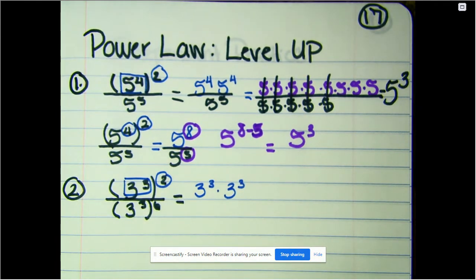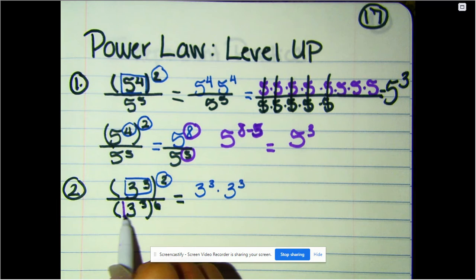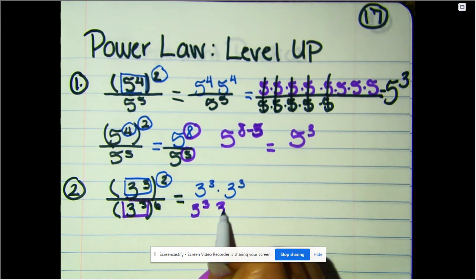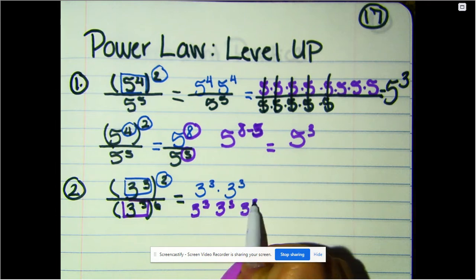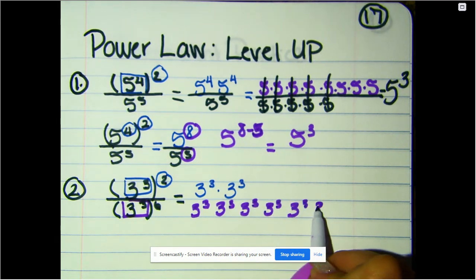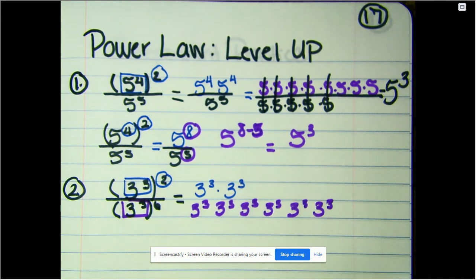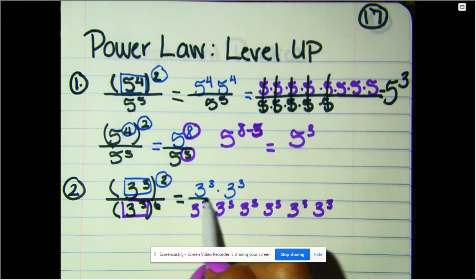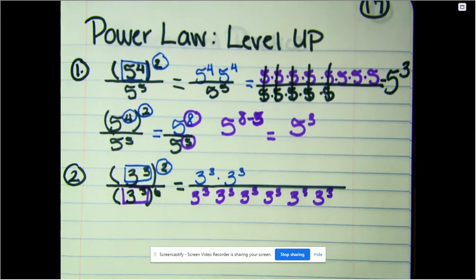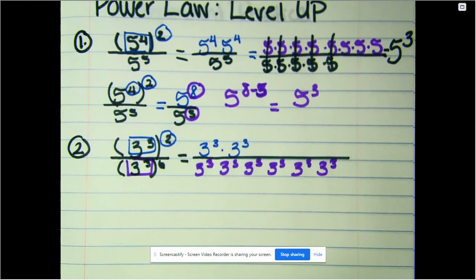And then on the bottom, I'm going to write out this 3 to the 3rd power 6 times. 1, 2, 3, 4, 5, 6. Okay. Multiple ways we can solve this from here. We can continue to expand them all out. That is definitely one thing that we can do.